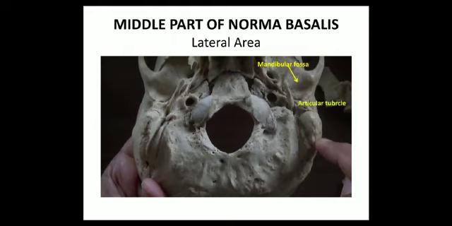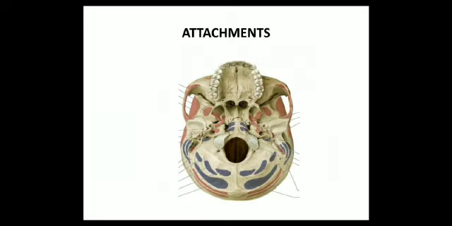So, in the middle part we have seen the median area and the lateral area. Now the attachments of this middle area. The pharyngeal tubercle gives attachment to the upper fibers of the superior constrictor muscle.